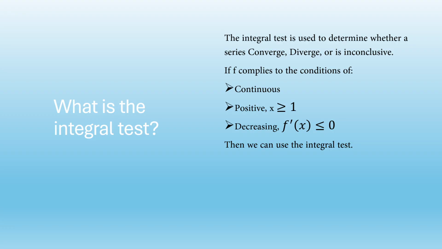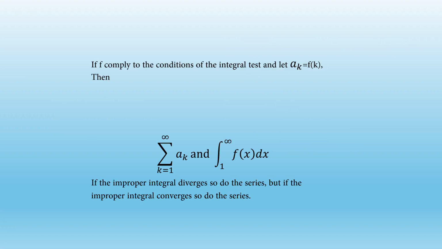It has to be positive. There are multiple ways to find out if it's positive, but basically, you just want to make sure that throughout the whole graph, or the series, it's staying positive. And it has to also be decreasing. You can find out if it's decreasing by taking the derivative, and if the derivative is negative, then it's decreasing.